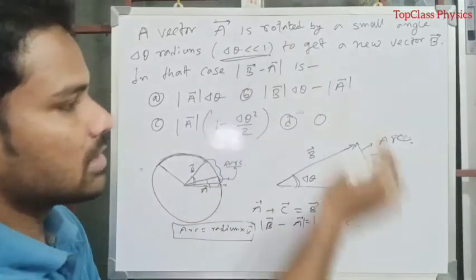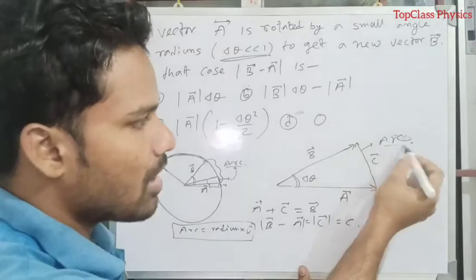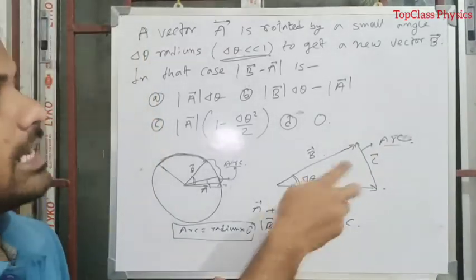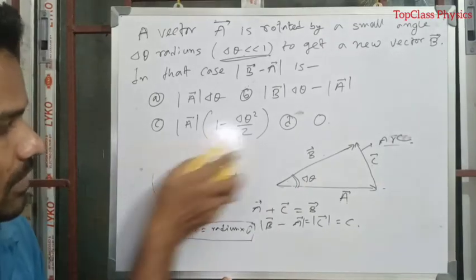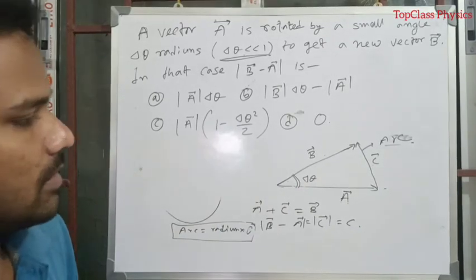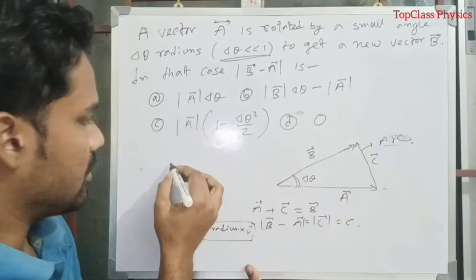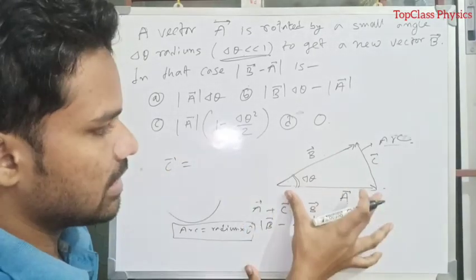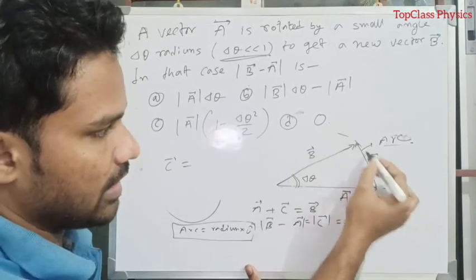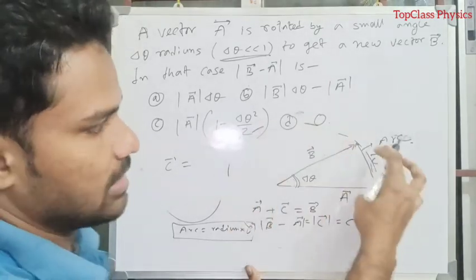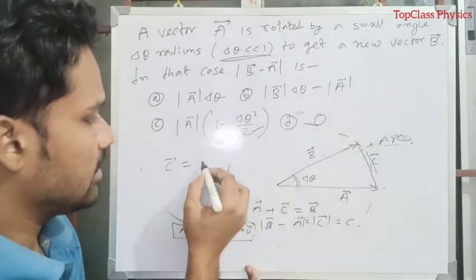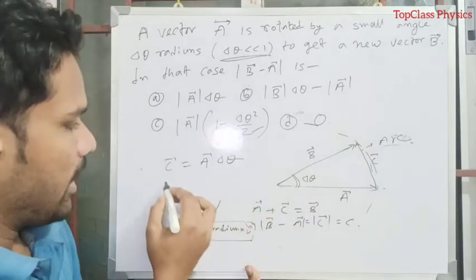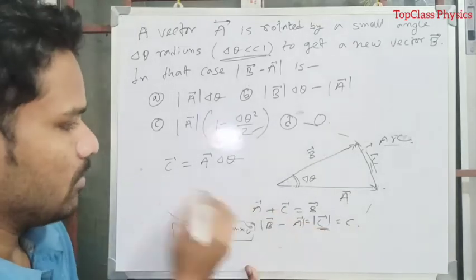So just write it: our arc, meaning C vector, equals the radius, which is A vector, into the angle del theta. And I have to find the mod of C vector.